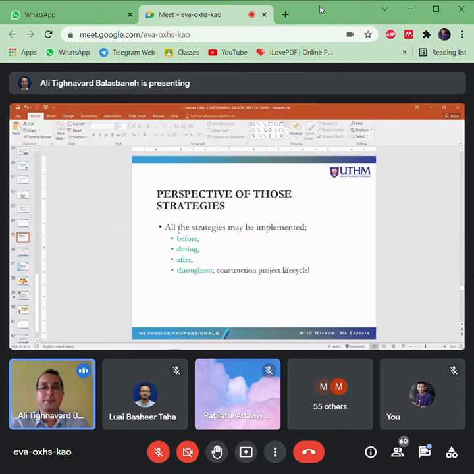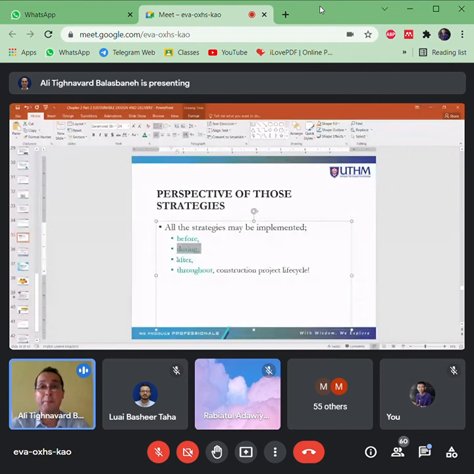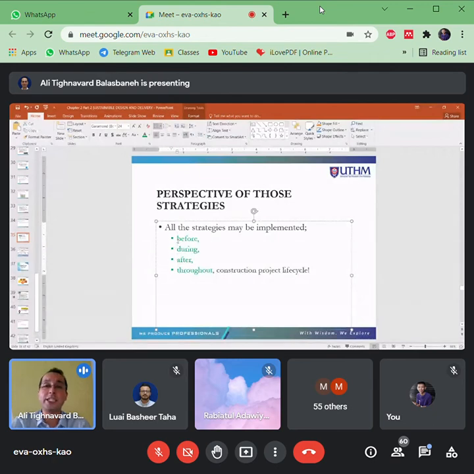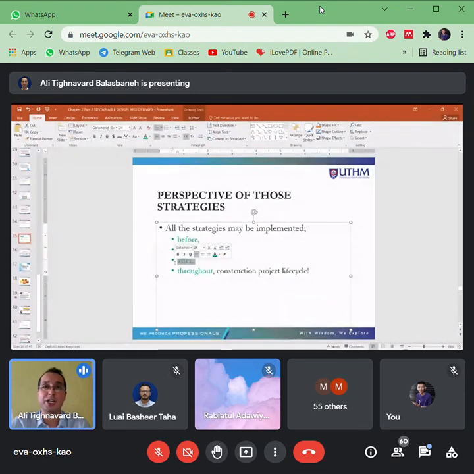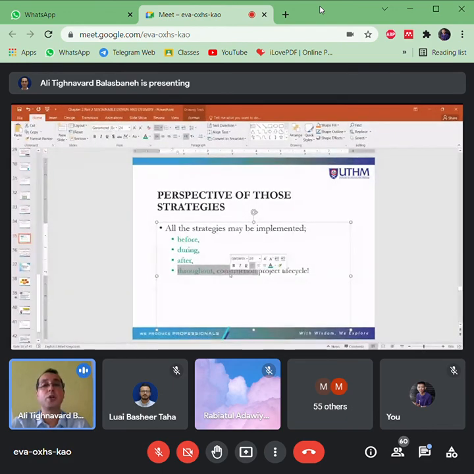So, all these strategies we just reviewed can be applied before construction and during construction. Some of them can be applied after construction. For example, a technique like orientation of the building is compulsory to implement before construction, okay? It cannot be changed after construction. Some of those can be applied during construction or throughout the construction project life cycle, such as the use of wind energy.